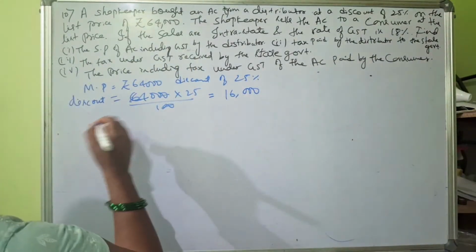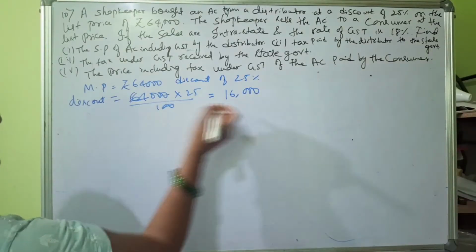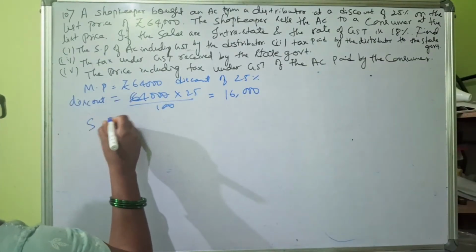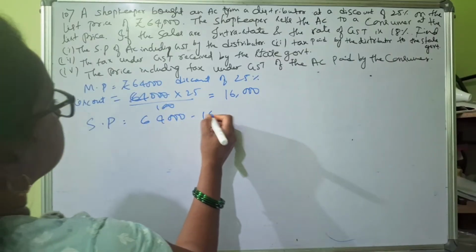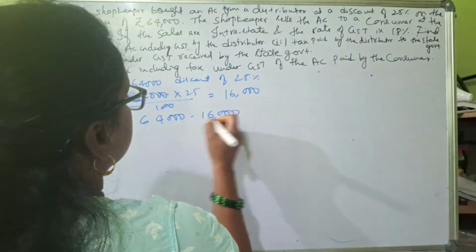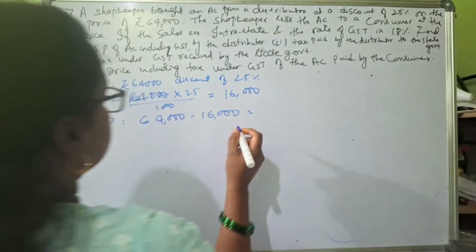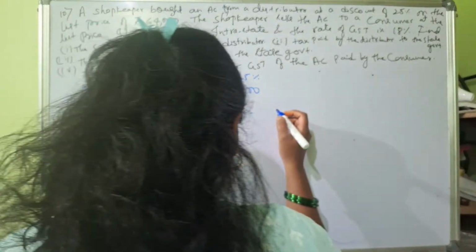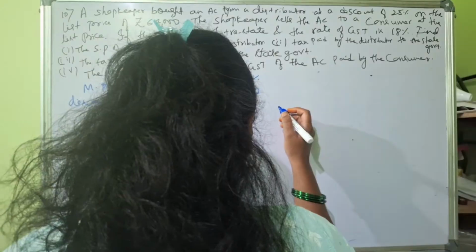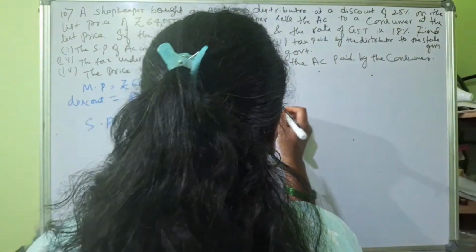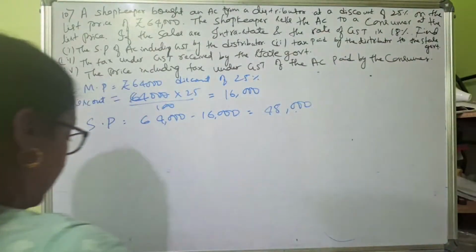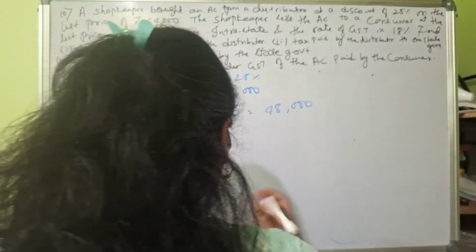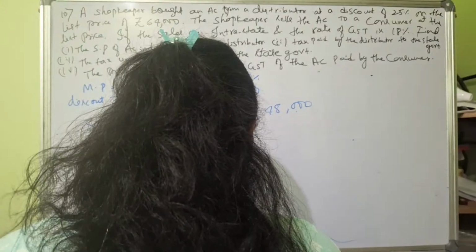Subtract this 16,000 to get the selling price: 64,000 minus 16,000 is equal to 48,000. So 48,000 is the selling price for the distributor.